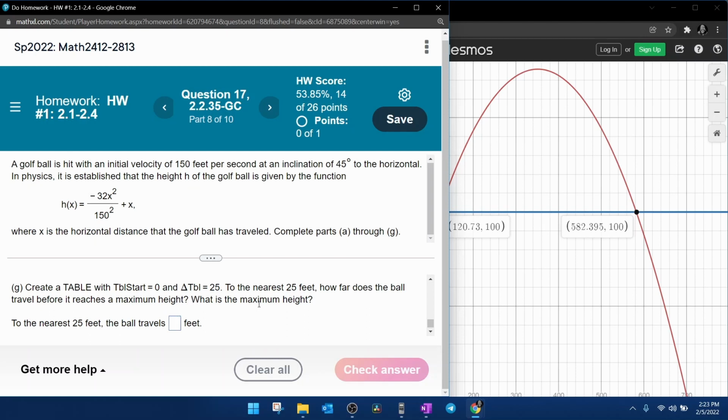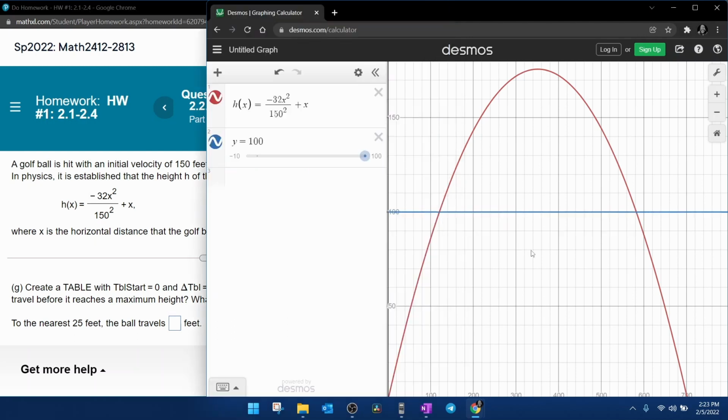What is the maximum height? So here on this graph, we're looking for where it reaches its maximum height. Notice Desmos simply requires that you click at the vertex where the maximum height is. Desmos is going to give you the vertex.